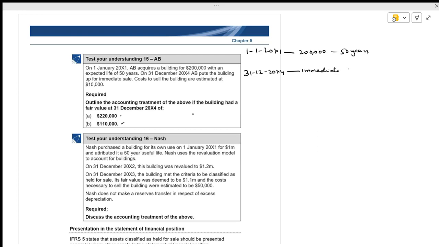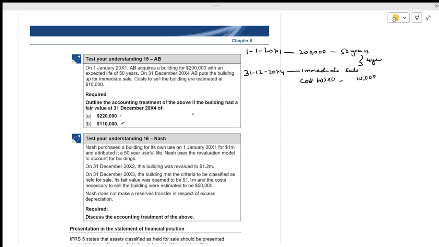The cost to sell the building is 10,000. Now, for 2001, 2002, 2003 and 2004, how many years are there?